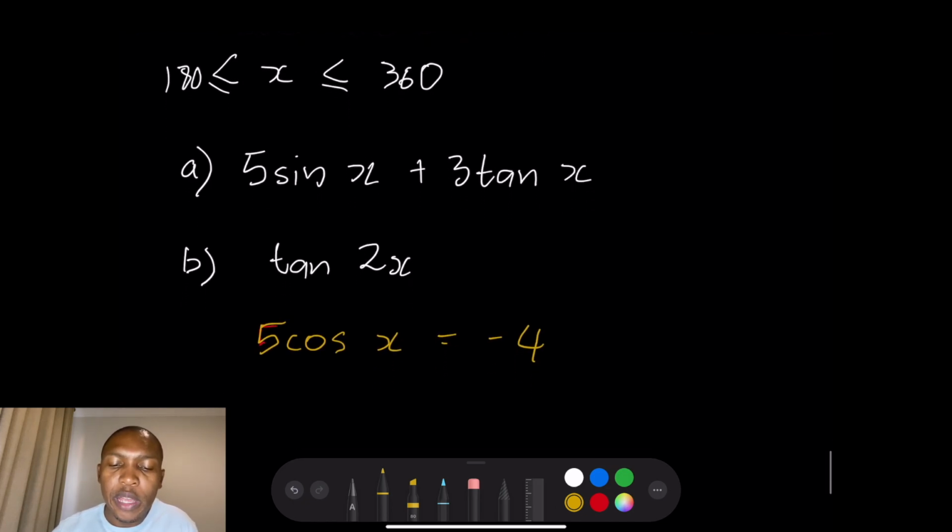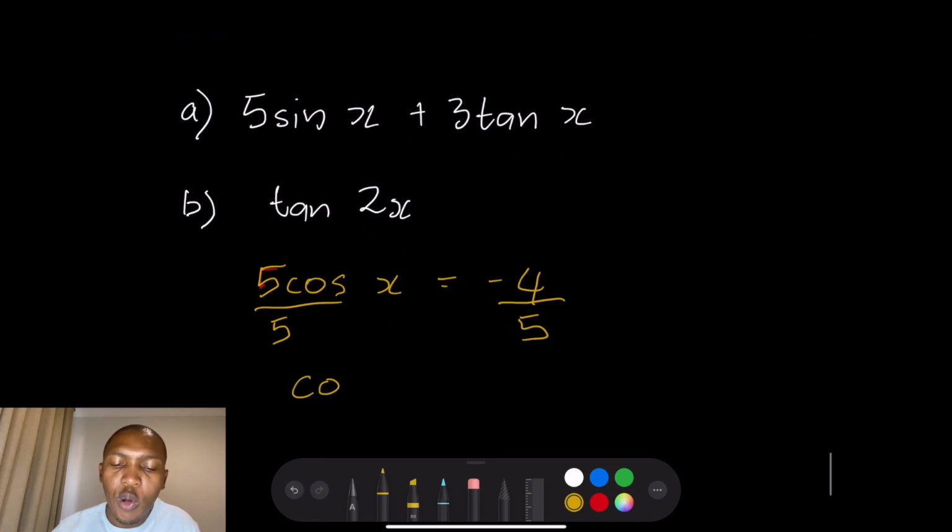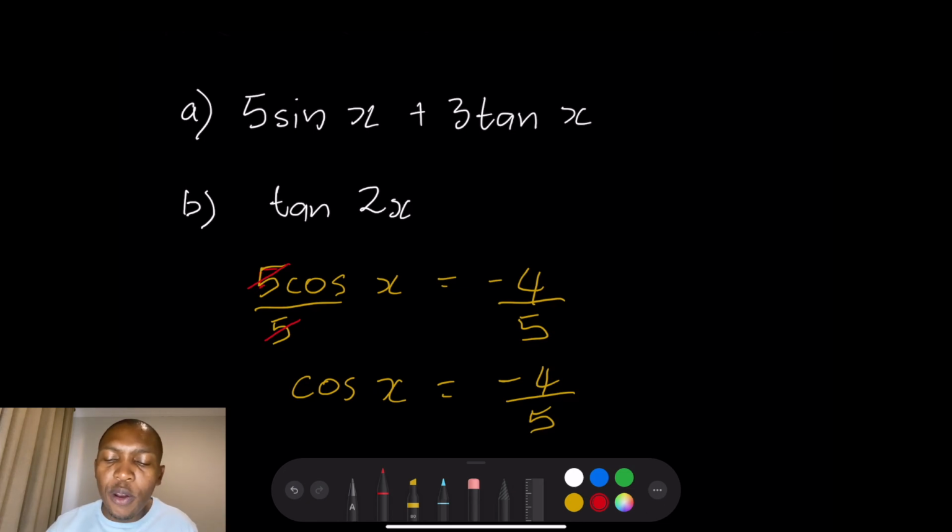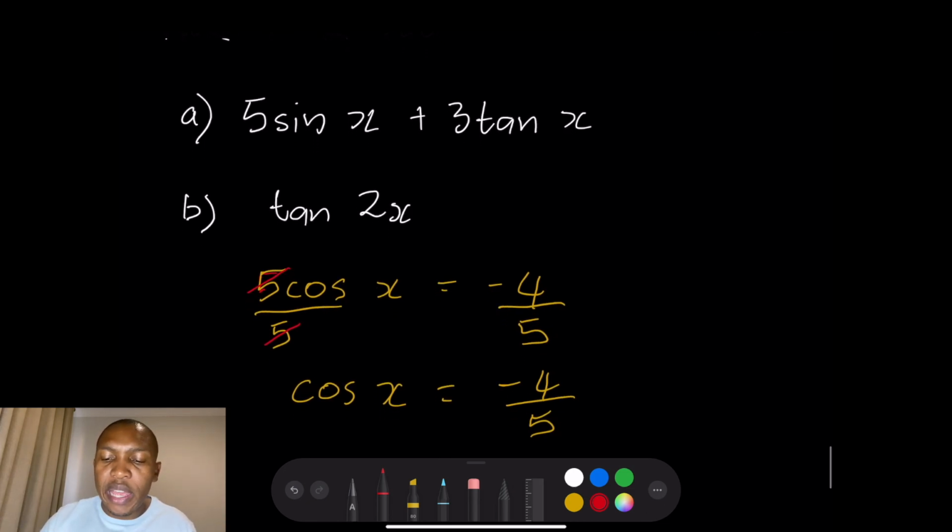All right, and what you do is then you isolate your trig ratio. I'm going to divide both sides by 5. So I end up with cos of x is equal to minus 4 over 5. Of course, you would have cancelled those two. And of course, you can now work out those two expressions. Please write down the answers in your comment section.